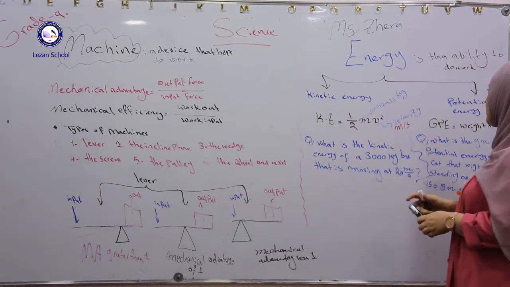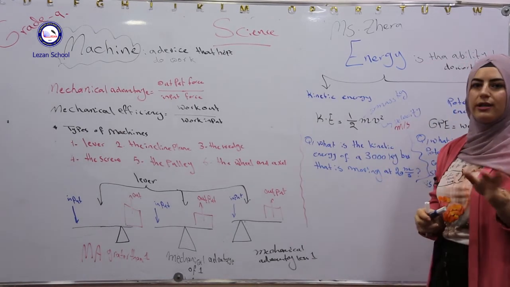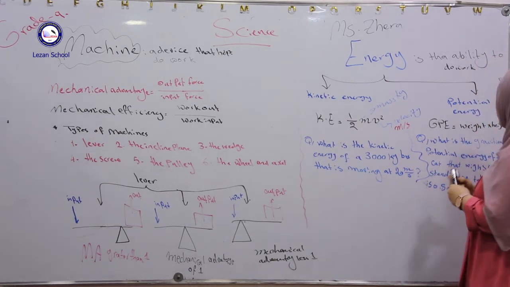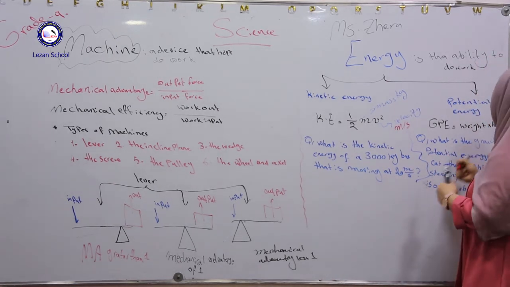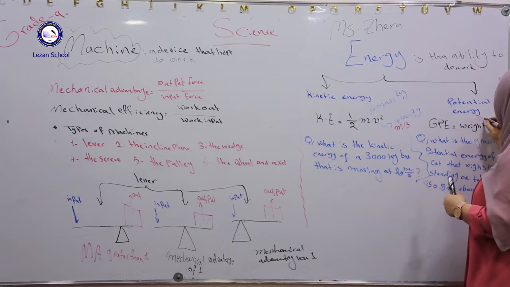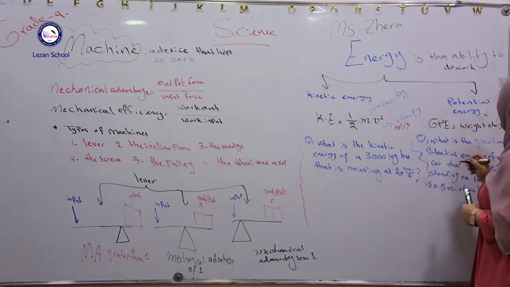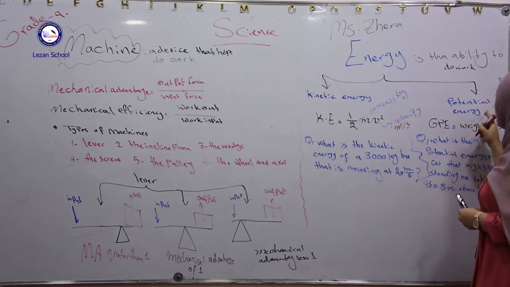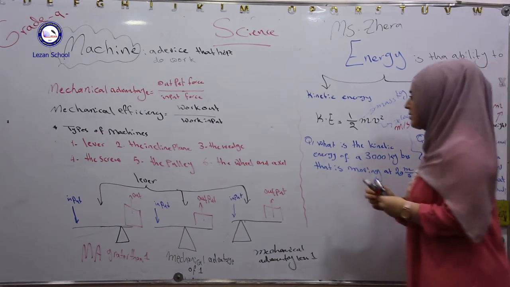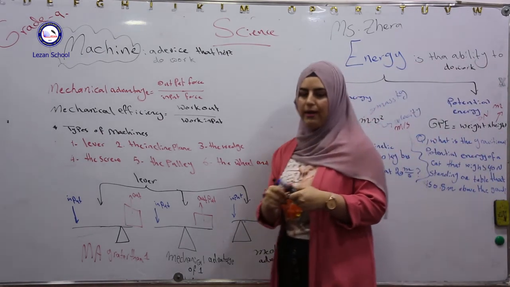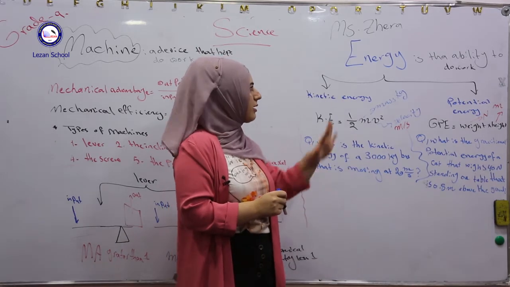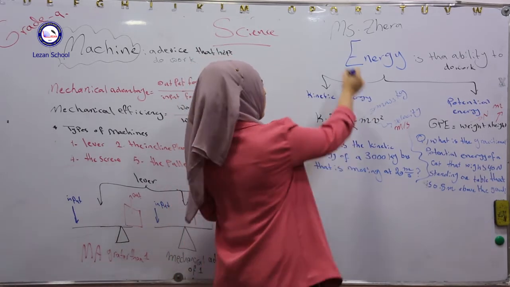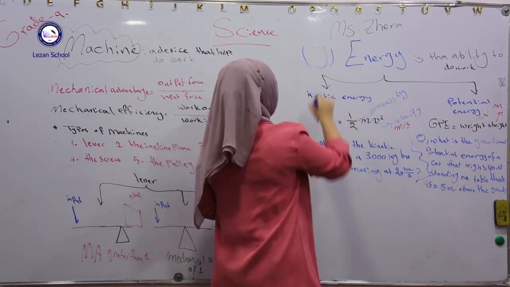Potential energy is the energy an object has because of its position. So potential energy equals weight times height. Weight is measured in newtons and height is measured in meters. Every energy around us is measured in joules. The SI unit for measuring energy is the joule, using the capital letter J.